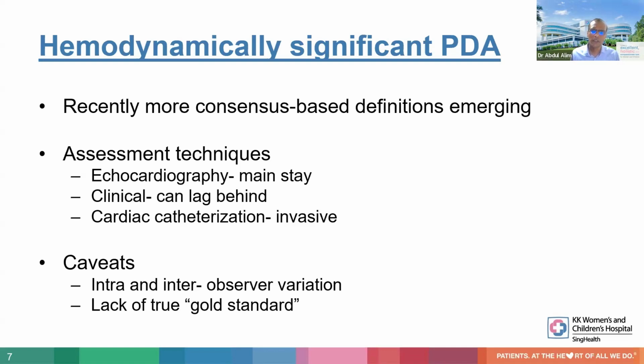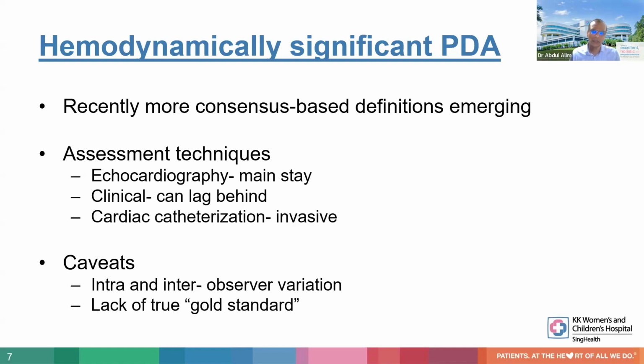So it's very important to classify the PDA echocardiographically. The main assessment tool is echocardiography, and the clinical features, like I said, can lag behind. Sometimes, by the time the clinical symptoms appear, the PDA is already a few days advanced, with risk of pulmonary hemorrhage and others in very small infants.